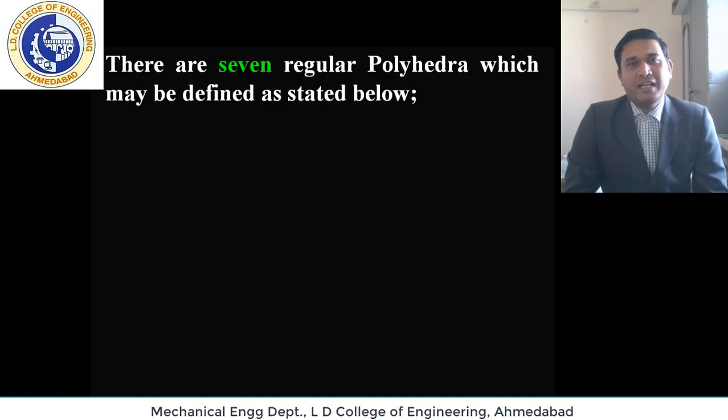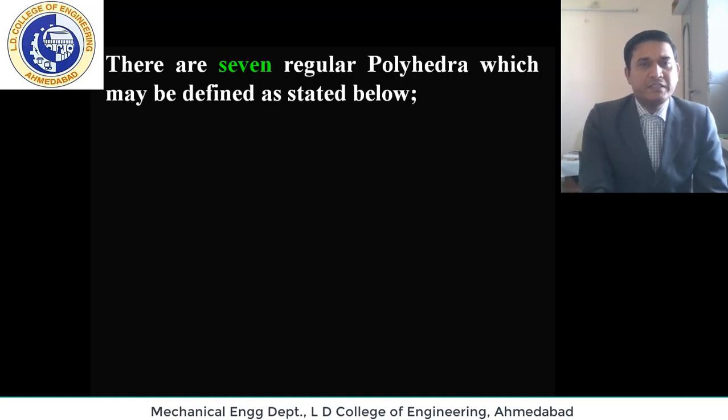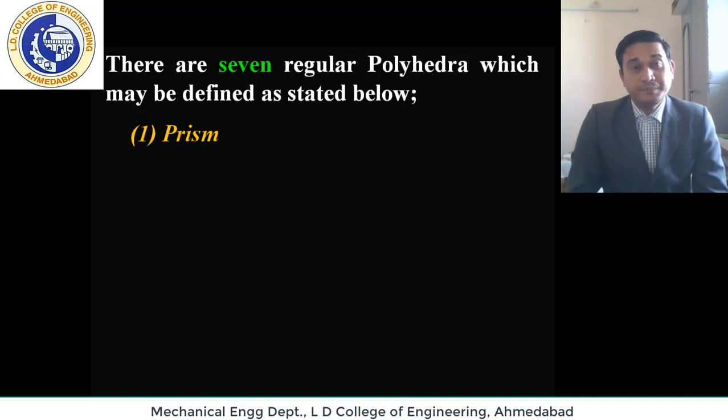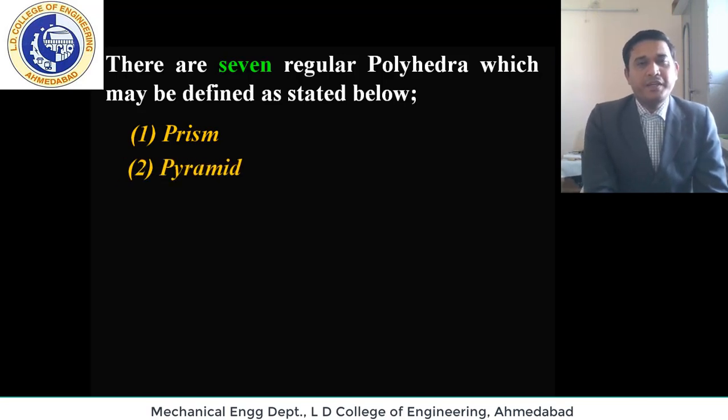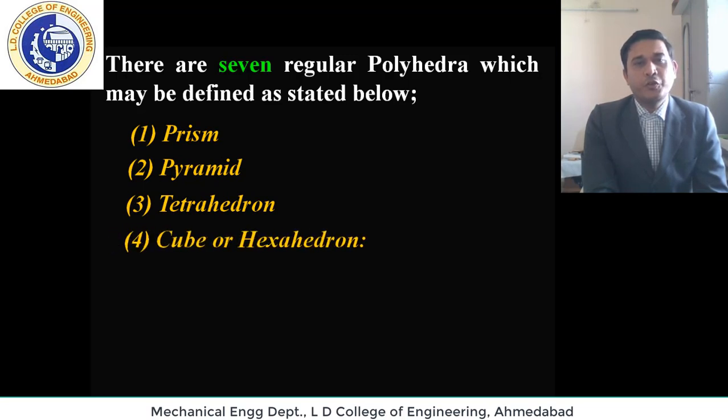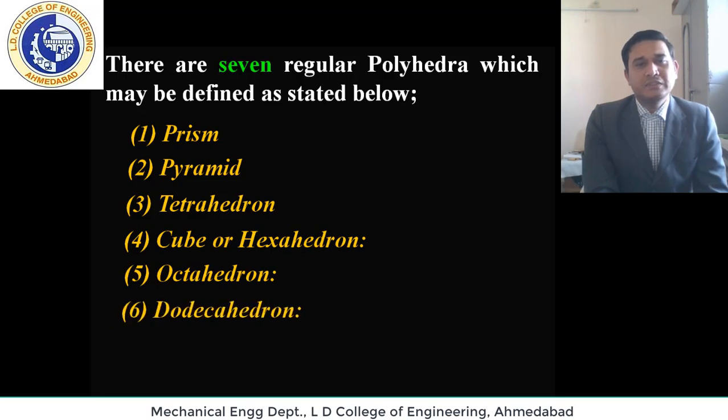Polyhedra are classified into seven categories: prism, pyramid, tetrahedron, cube or hexahedron, octahedron, dodecahedron, and icosahedron.